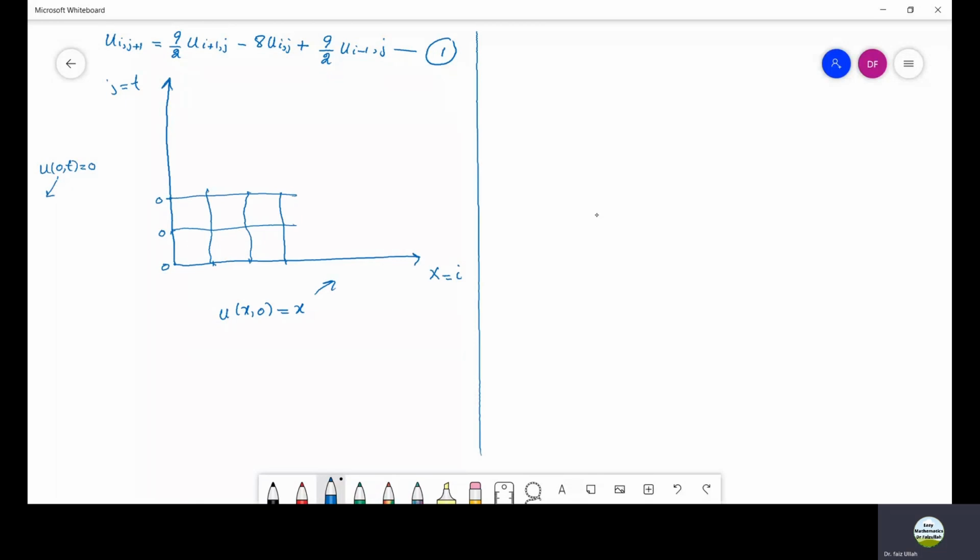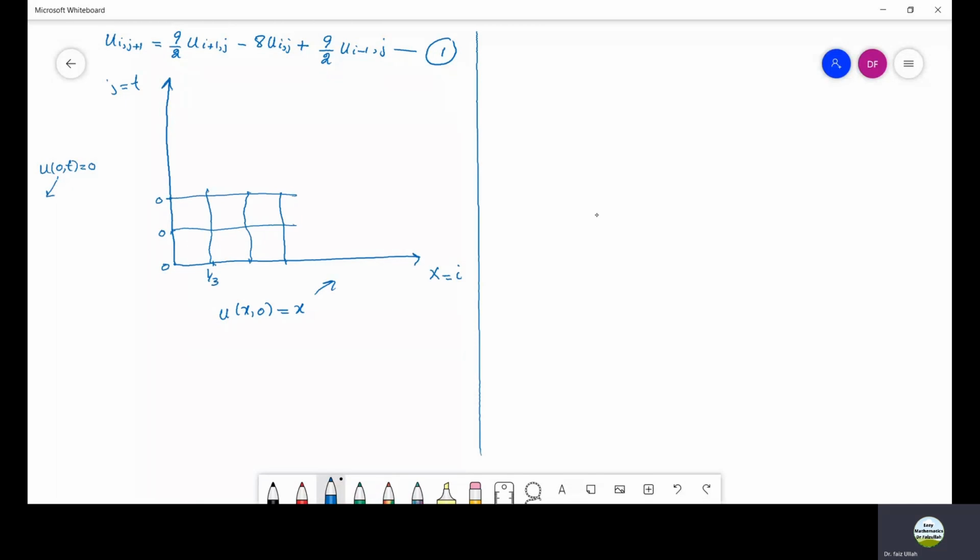So if we put x is equal to 0, we get 0. If we put x is equal to 1 over 3, we need the value of x1, and that is 1 over 3.